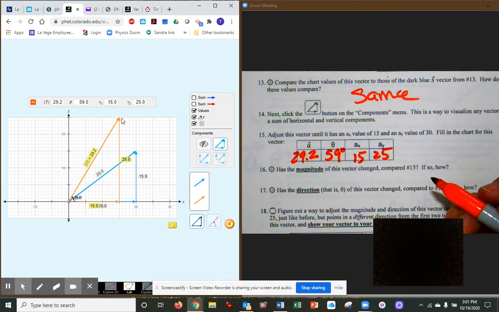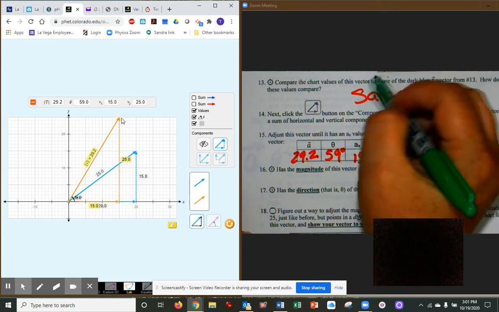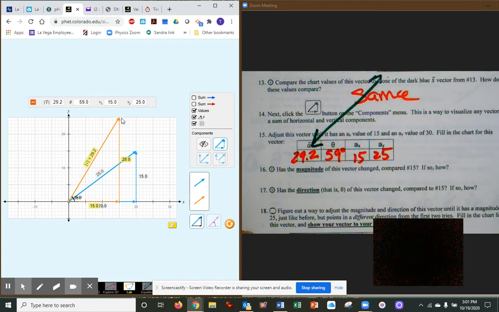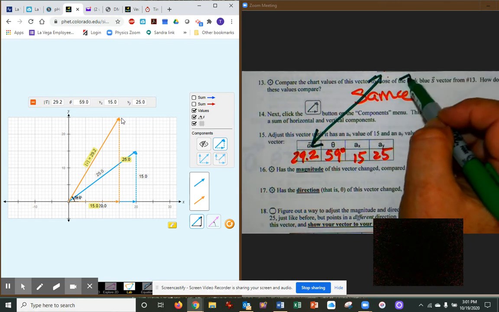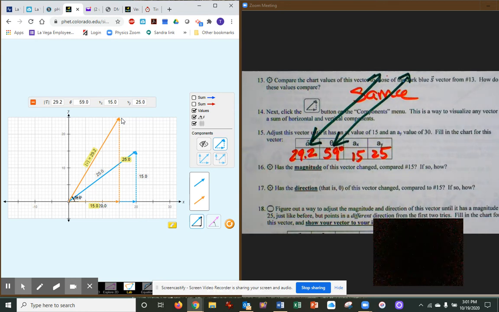Did the magnitude change? Yes, it went from 25 to 29. Did the angle or the direction change? Yes. This was 36.9. Now it's 59. Whereas it was pointing towards the corner of the graph paper, now it's pointing upwards.